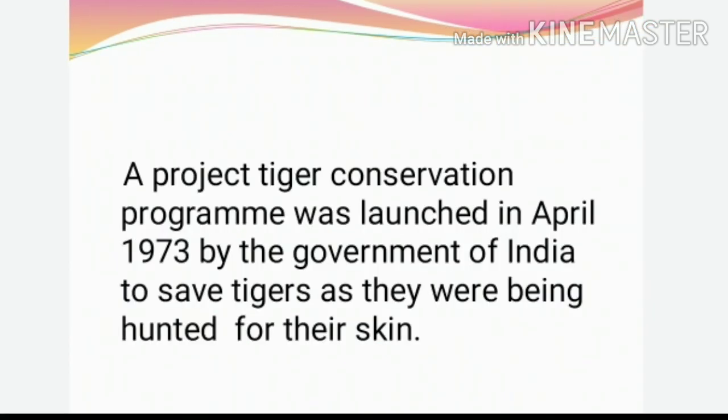A Project Tiger conservation program was launched in April 1973 by the Government of India to save tigers as they were being hunted for their skin. So as Indians, we all should try to protect our national animal, the tiger.